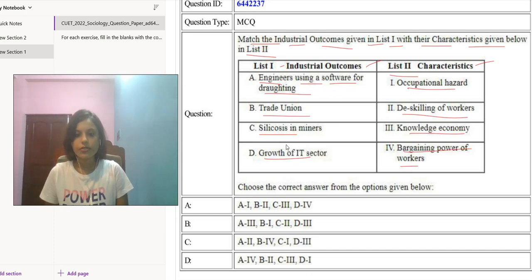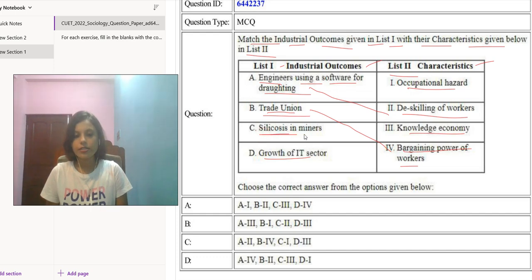Industrial outcomes from this part, we are going to match. Engineers using a software for drafting, we are going to match with de-skilling of workers. For trade union, we match it with bargaining power of the workers, because that is why unions are made.